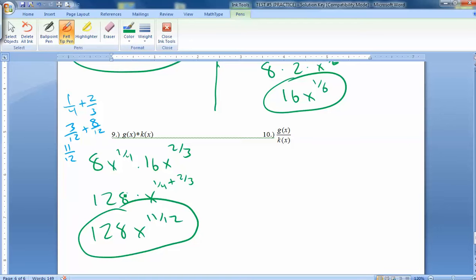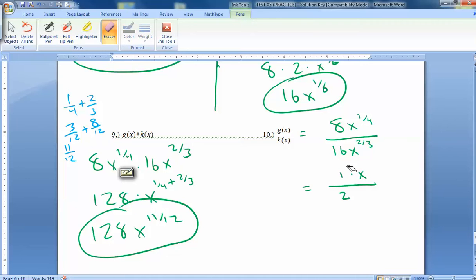And then lastly, you get g of x over k of x, so it's 8x to the 1/4 over 16x to 2/3. So that's 1 over 2, obviously. And we're going to have to subtract the exponents.